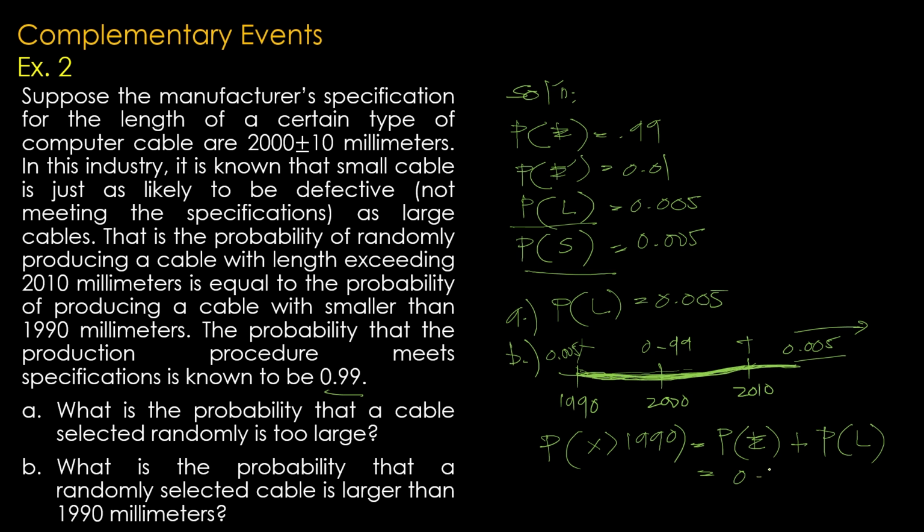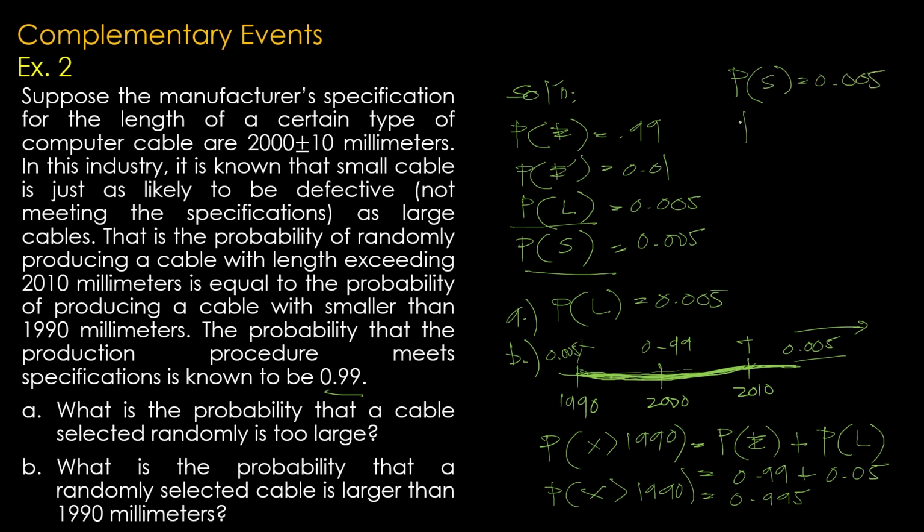So that would be 0.99 plus 0.05. Therefore, the probability of getting a cable which is greater than 1990 is 0.995. Or you can just use the complementary event. You know that the probability of selecting a small cable is 0.05.